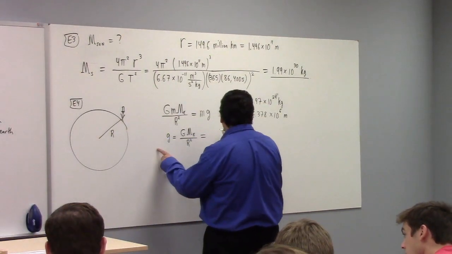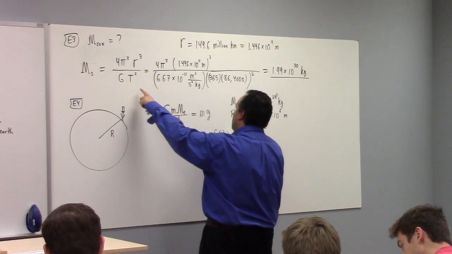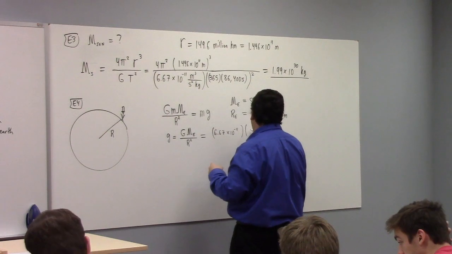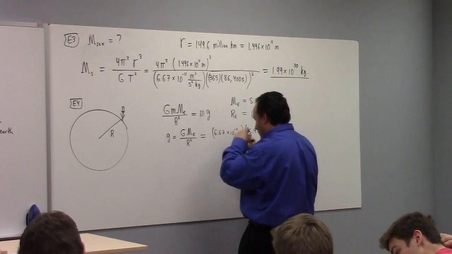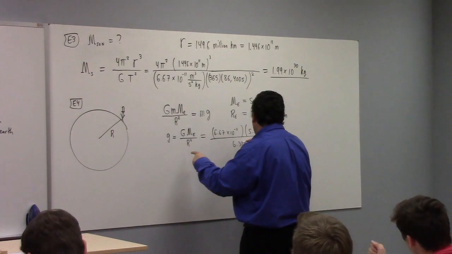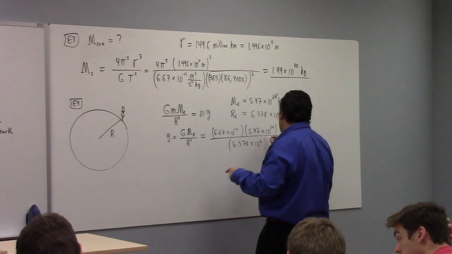So what we got here is my G, 6.67 times 10 to the minus 11, right? Mass of the Earth, 5.97 times 10 to the 24, divided by 6.378 times 10 to the 6th. Square that thing.